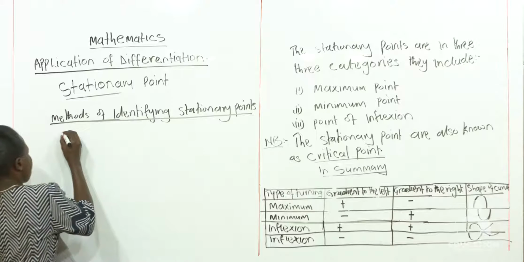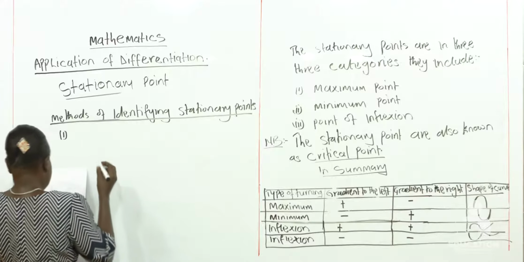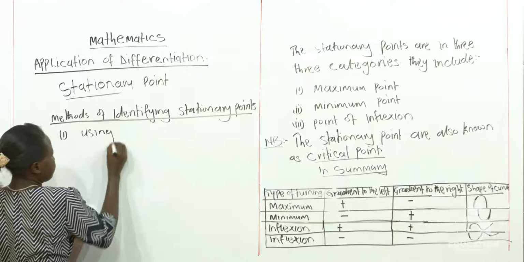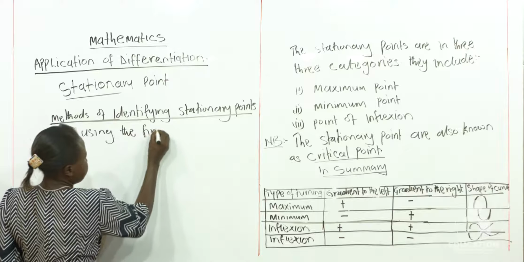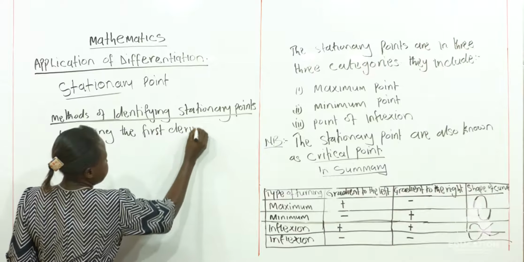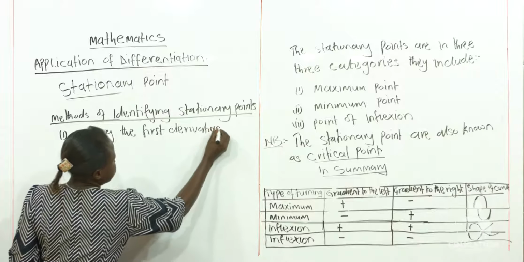We use the first derivative. Using the first derivative is one way of identifying the stationary point.